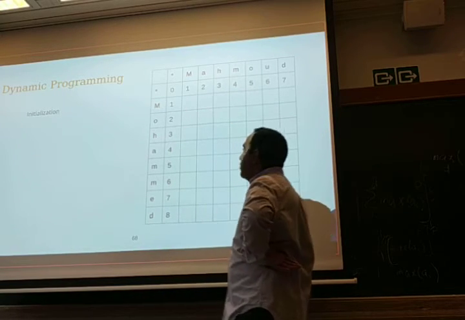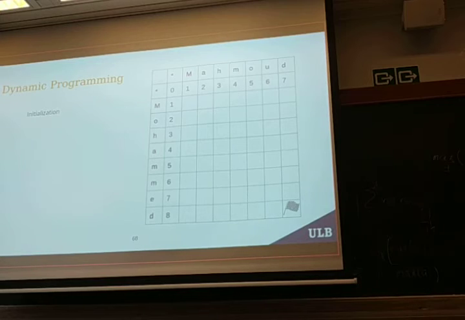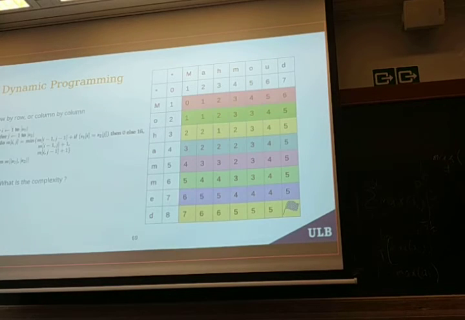Similarly, we initialize this one, and then we either go row by row or column by column. If I go row by row like in this example, here I have all the values that I need: the penalty of insertion, the penalty of deletion, and the penalty of replacement.